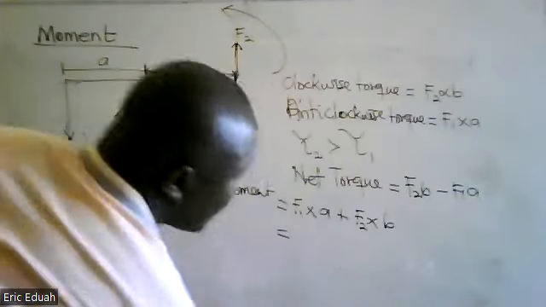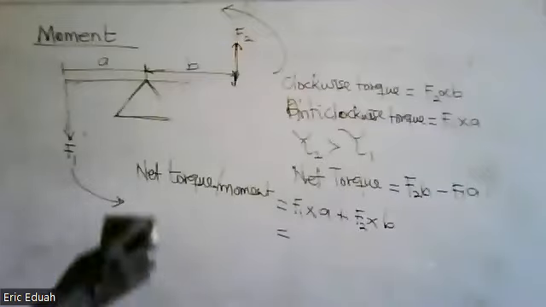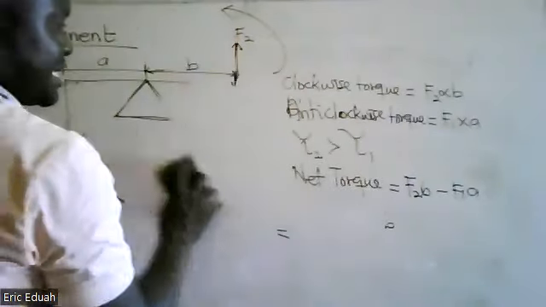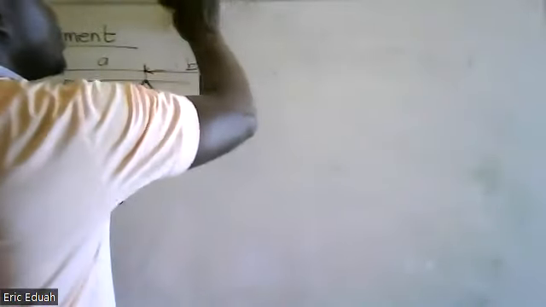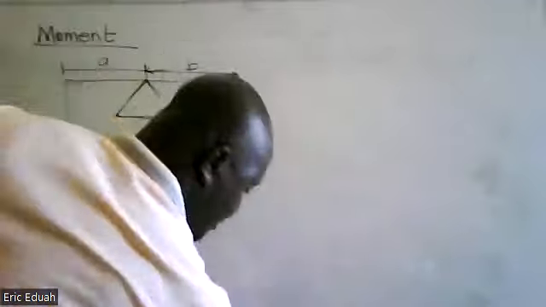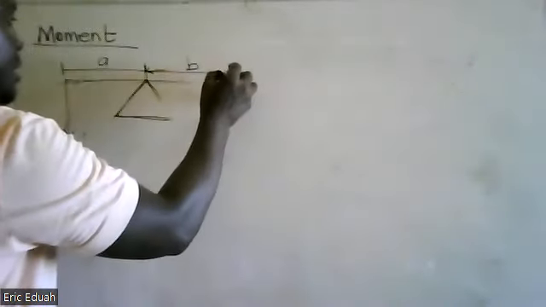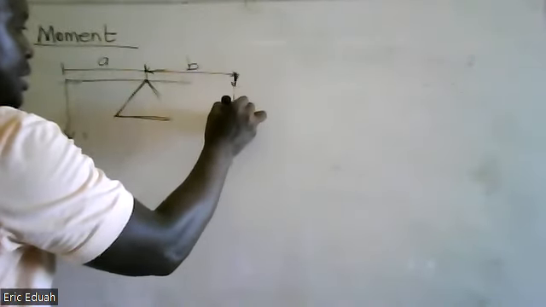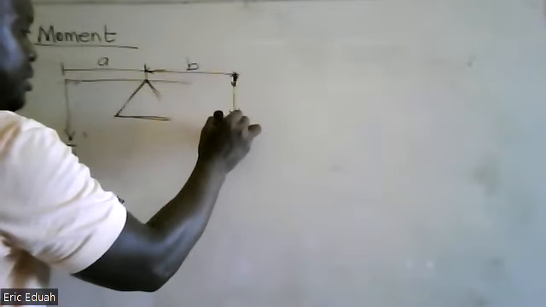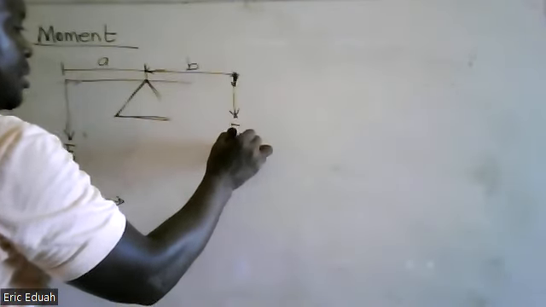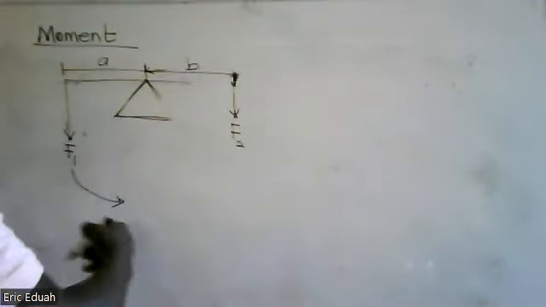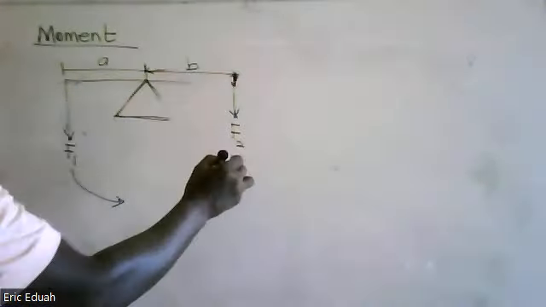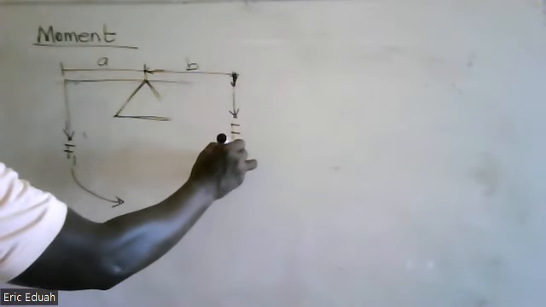Yes. Then another situation. This time F2 is not going up, but F2 is acting downwardly. Of course, this will give you anti-clockwise movement or turning effect.